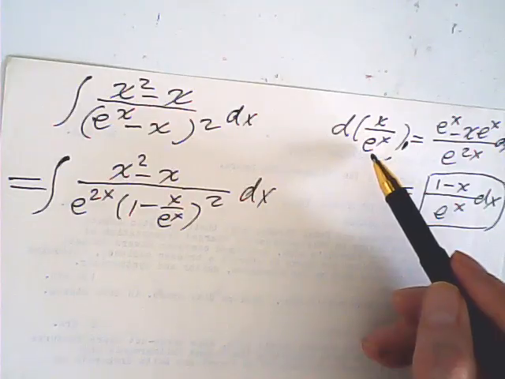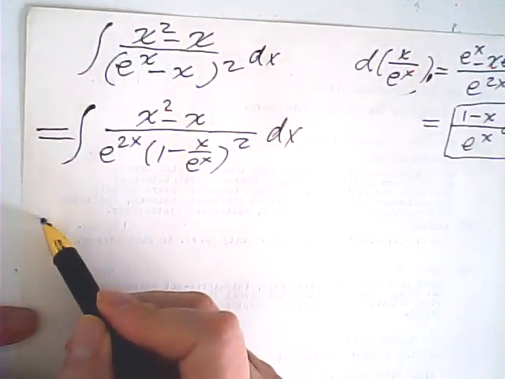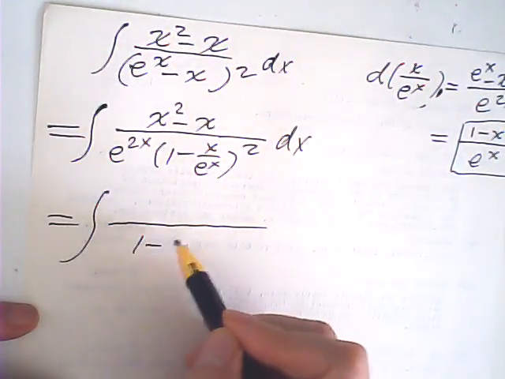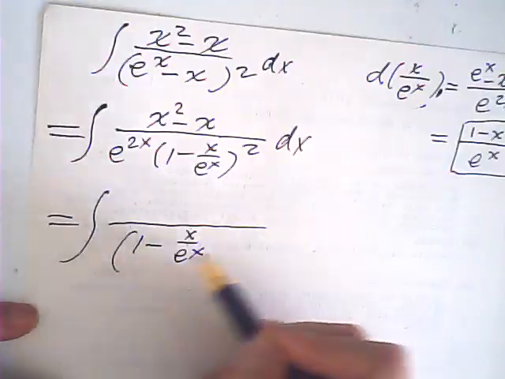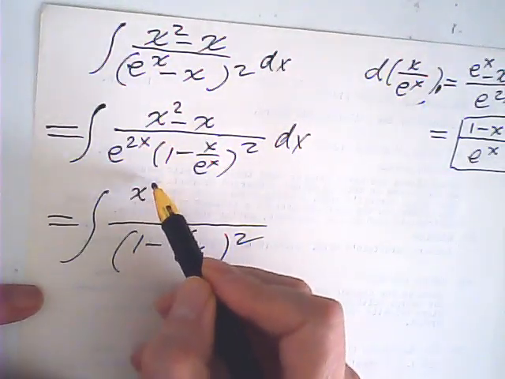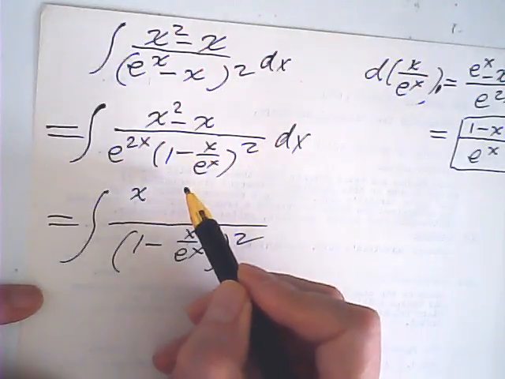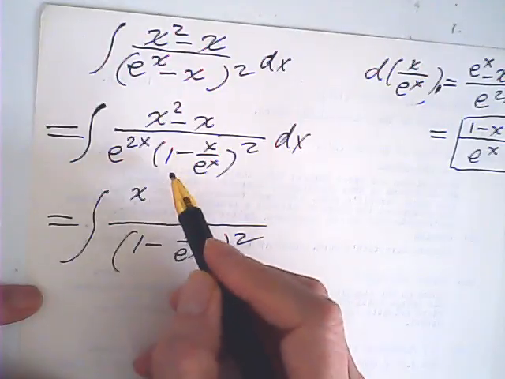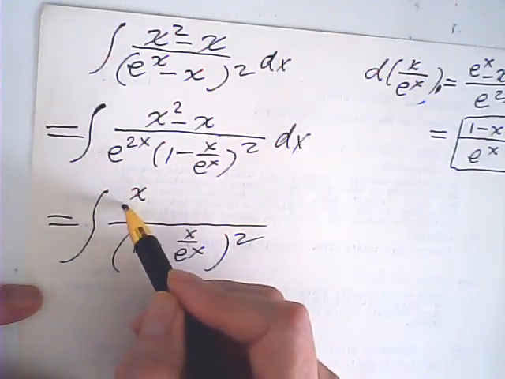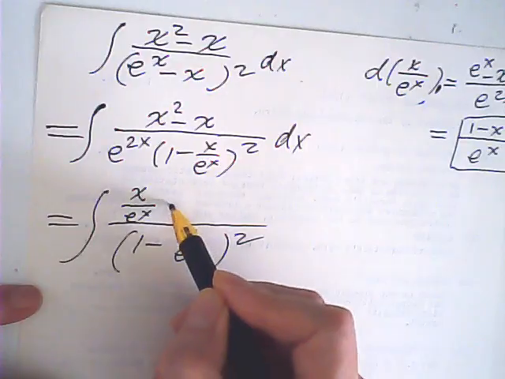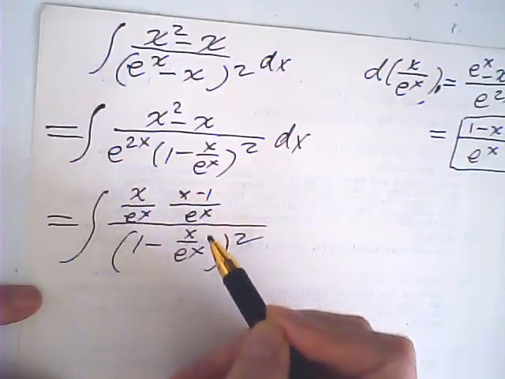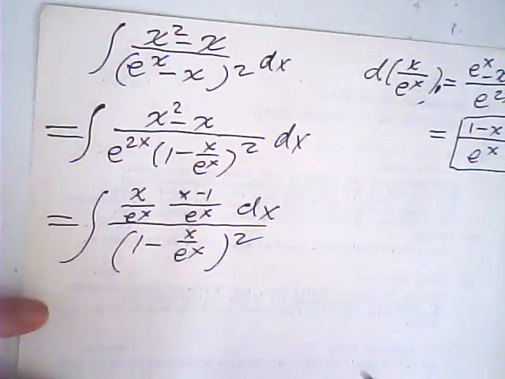So here, you see, I can have a 1 minus x e to the x. This will be x squared, x times their common factor, right? I take x out, and the other one is x minus 1 e to the x. Yeah, good.